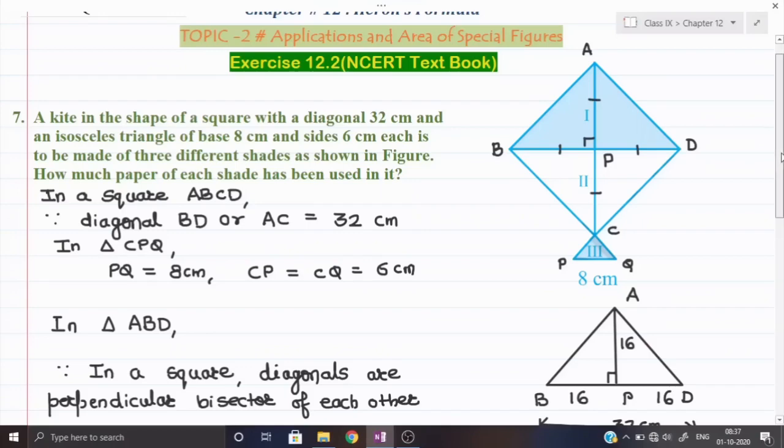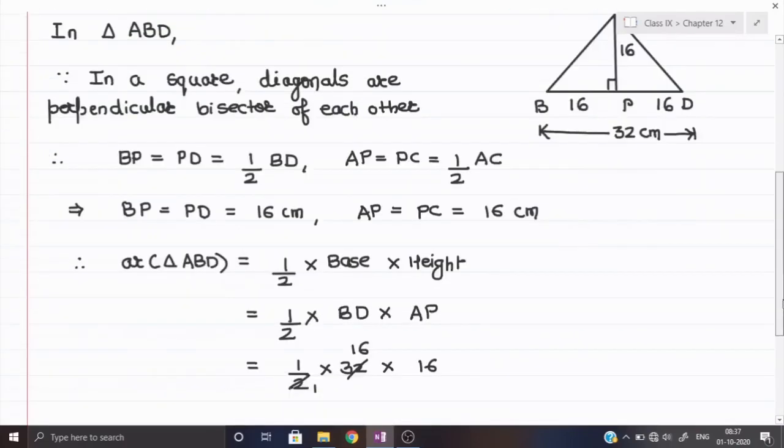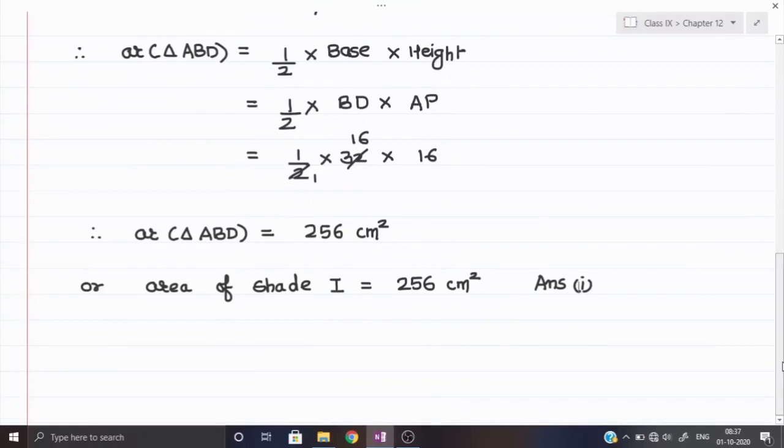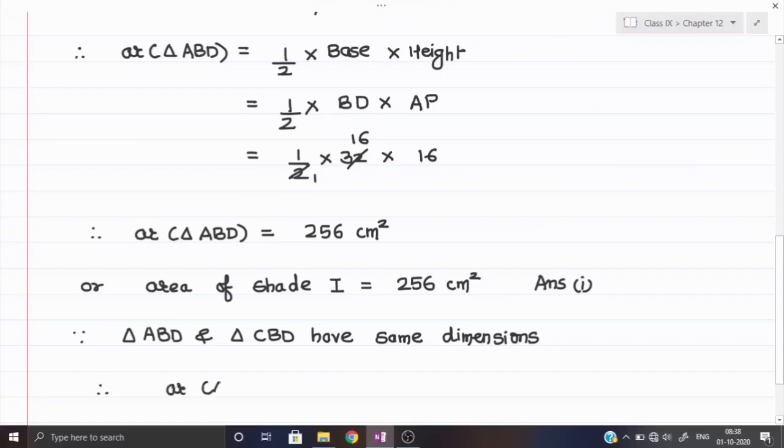So here we shall write down further, since triangle ABD and triangle CBD have same dimensions, therefore area of triangle CBD is equal to area of triangle ABD.